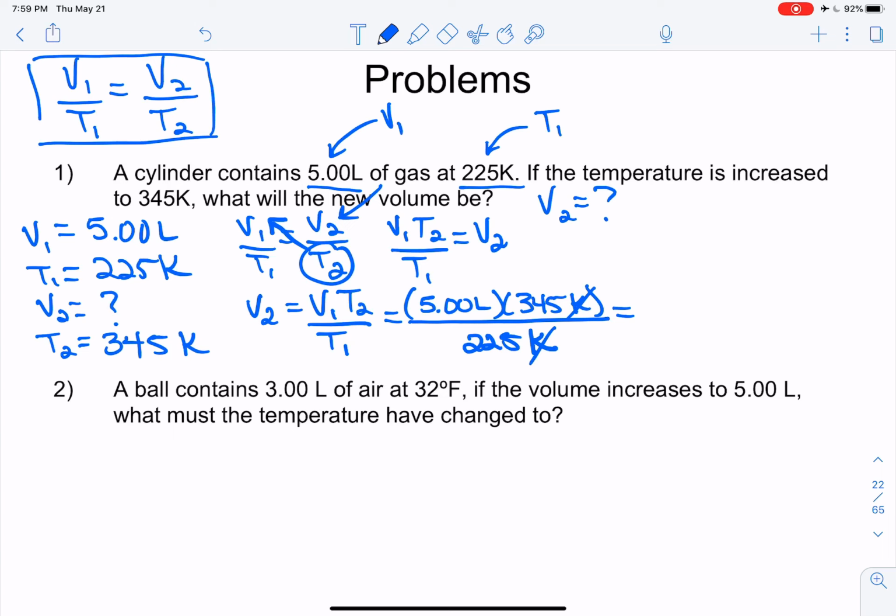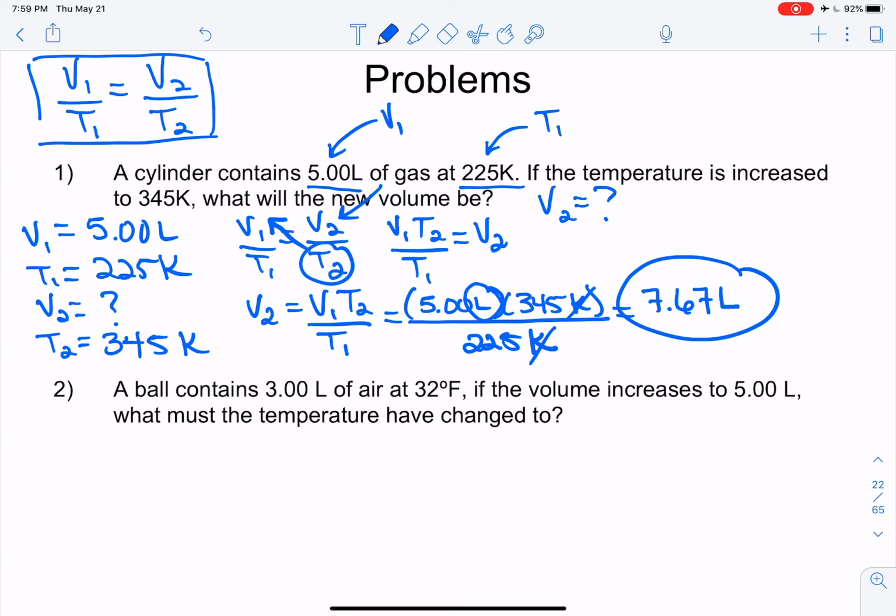So our answer is going to be in how many sig figs? 3. And what we have is 7.67. And our units are what? Liters. There we go. And then we put a nice circle around our answer so our professor can find it in order to grade it quickly and give us all our points.